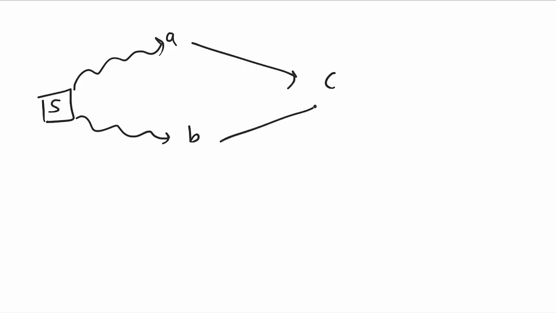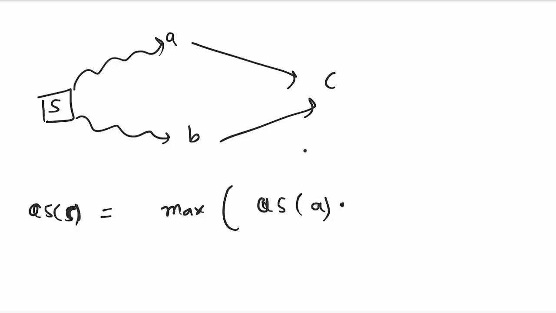So what I mean to say is, if this is S, this is suppose A, this is B, this is C, and we have found out the quality scores of A and B, and then we need to find the quality score of C. Then the quality score of C is nothing but the maximum of the quality score of A into the edge width, which is AC, let me call it M, comma, the quality score of B into M. This is what I wanted to point out.